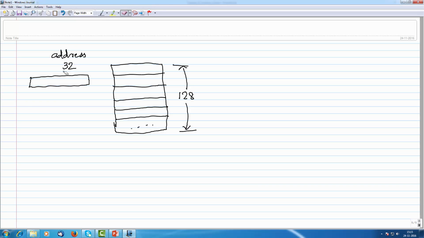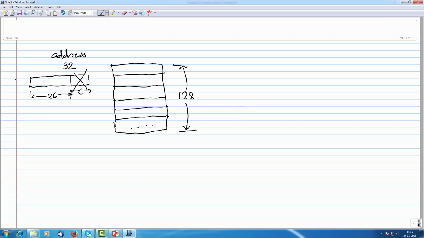So since a block is 64 bytes and 64 is 2 raised to power 6, this means that the first 6 bits represent the address of the byte within the block. So this is something that we can ignore or discard. The remaining part, which is the next 26 bits, is what constitutes the block address.